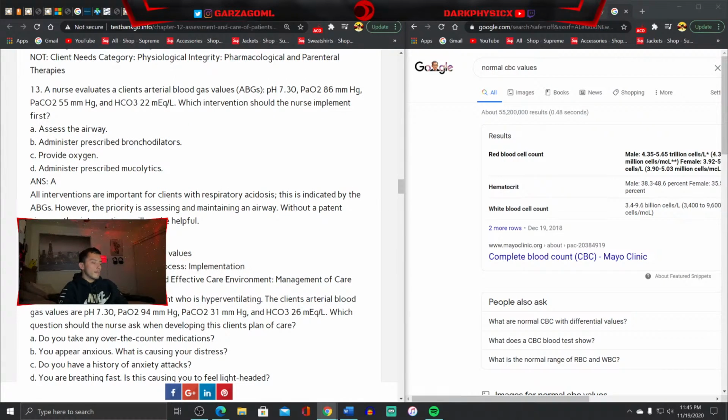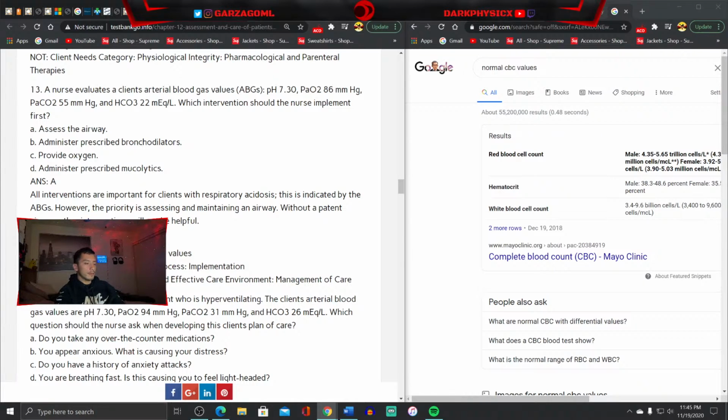Okay. The nurse is caring for a patient who is hyperventilating. Right away, hyperventilation, respiratory alkalosis is what goes through my mind. The client's ABGs are 7.30, which is acidotic, actually. Okay, this might be metabolic acidosis because they're going through Kussmaul breathing.